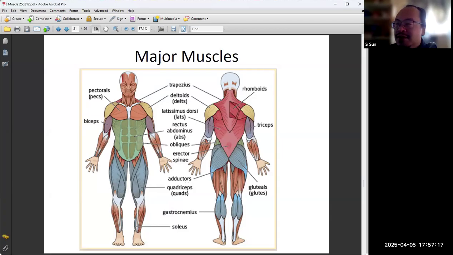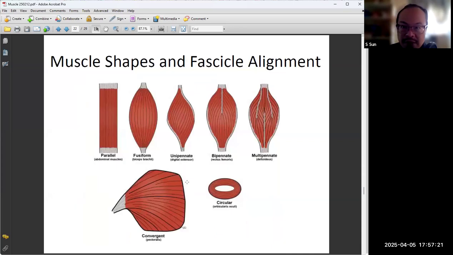There are different kinds of muscle. We can classify muscle in different ways. Earlier we talked about muscle fibers. Inside of this muscle organ, we have fast twitching muscle and slow twitching muscle. But in terms of the entire muscle organ, they can be classified based on their shape.